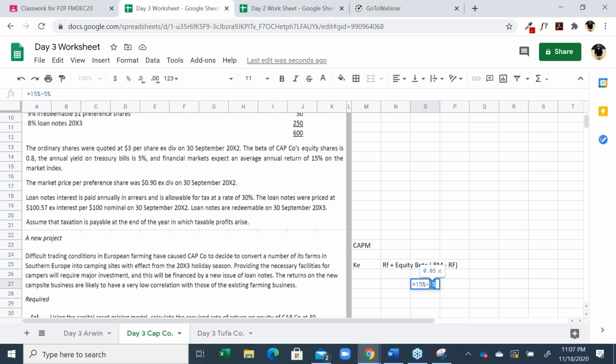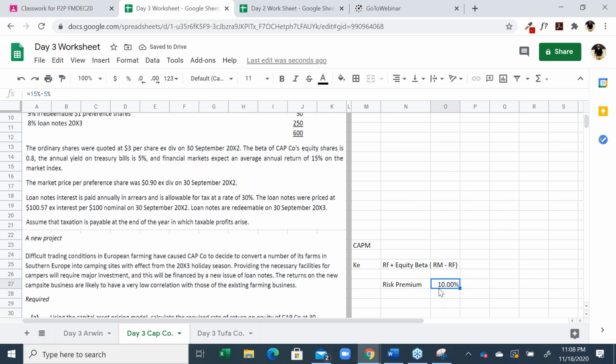Because of the risk involved, right? So we are looking for a premium against the risk, and that's called risk premium. So the risk premium in this case is 10%. But this risk premium is expected from the average market, not from the company. That's what we expect from this market in addition to the risk-free return, 10%.